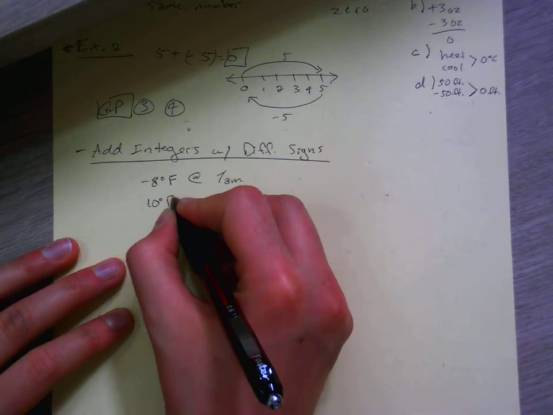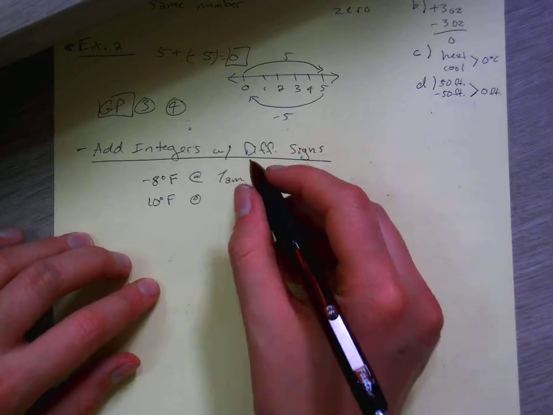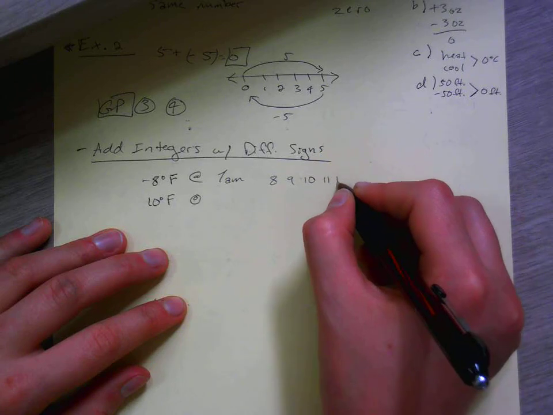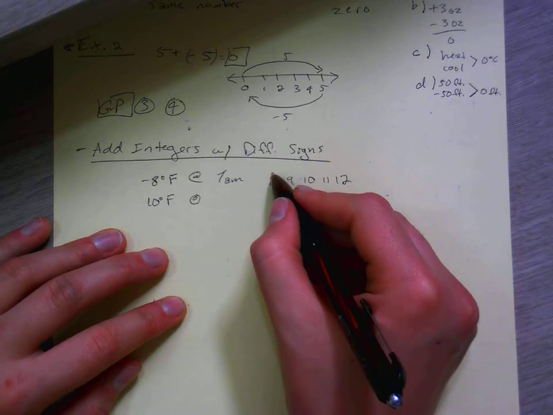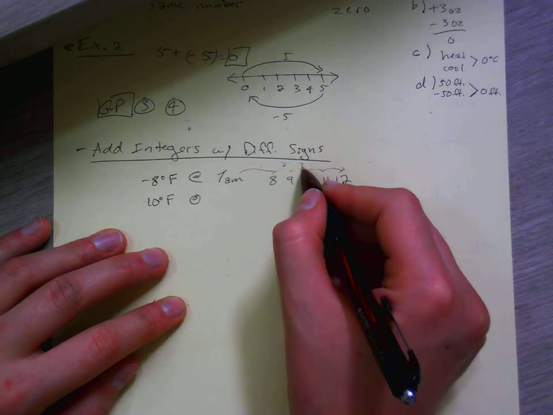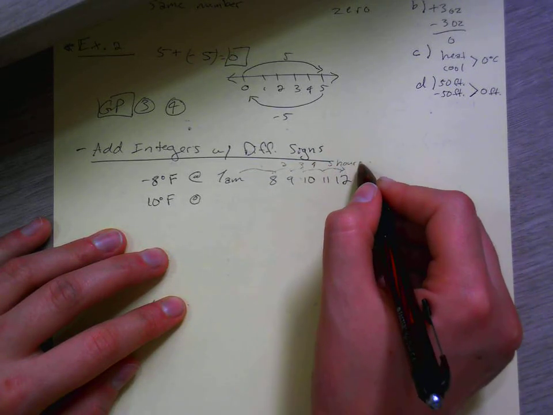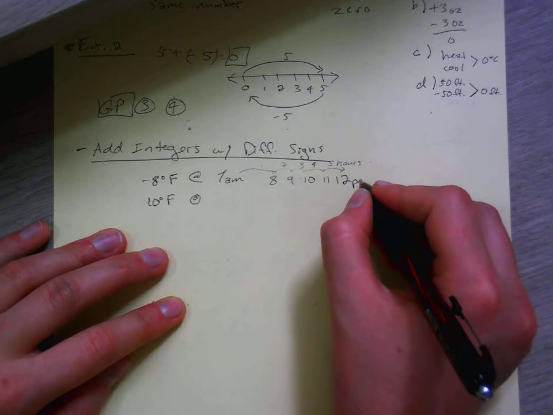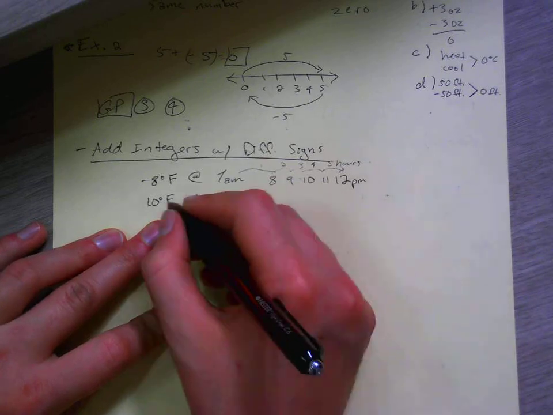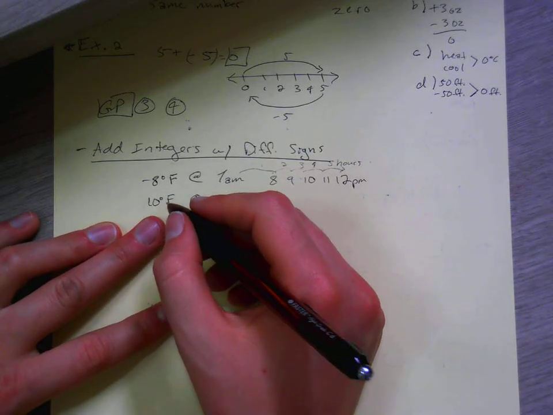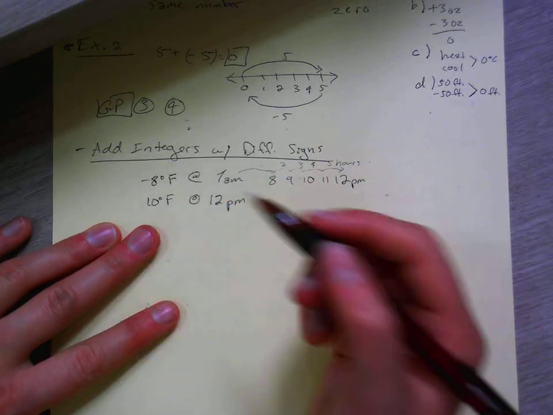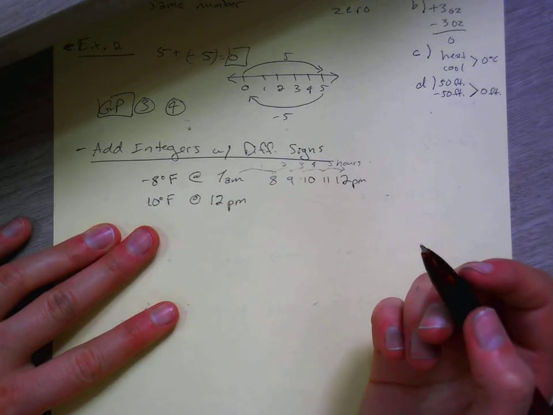So 5 hours later, we have 7, 8, 9, 10, 11, 12, because we went 1, 2, 3, 4, 5 hours. So we get to 12. This is 12 p.m. because it's noon. So we get here at 12 p.m., it is 10 degrees Fahrenheit. So because the temperature rose, you need to find the new temperature by finding the sum of these. That will give you the new temperature because it rose this much.